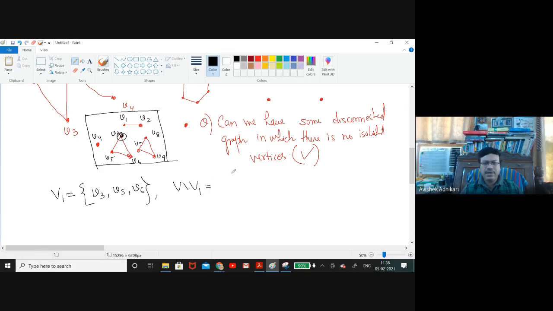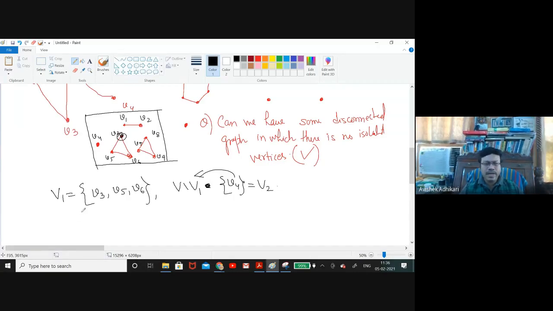Take any vertex and start with that. Say I consider v4, and again apply the same idea: from v4, try to reach all possible vertices through some path. You can understand that from v4 you cannot reach any other vertices. I take the vertex from here, so I call this set V2.